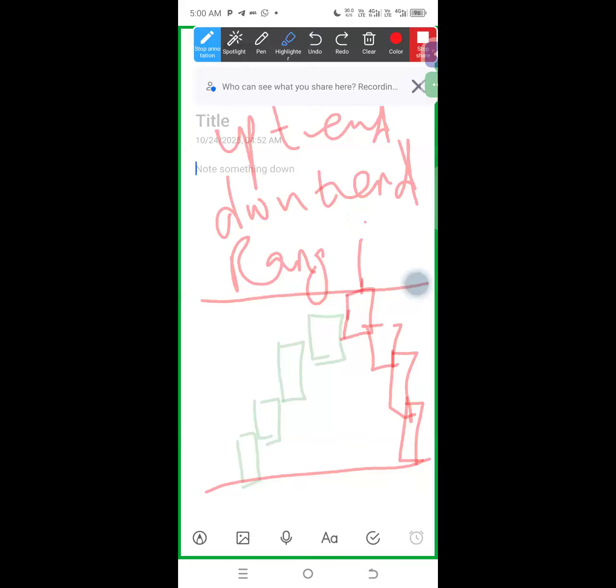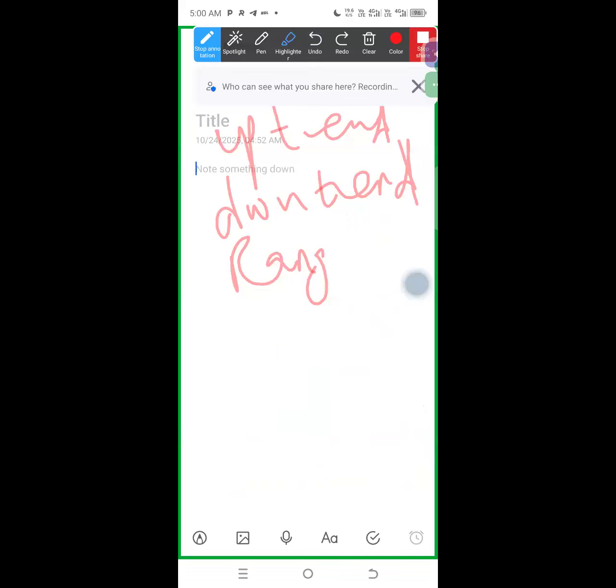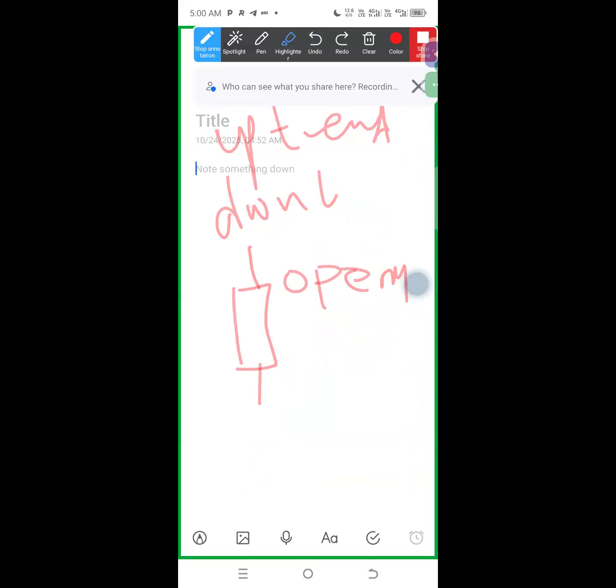For instance, when we talk of a candle opening and then closing within a particular time frame, this is what we are trying to mean. So for instance, this is a candle. This is the opening of the candle.